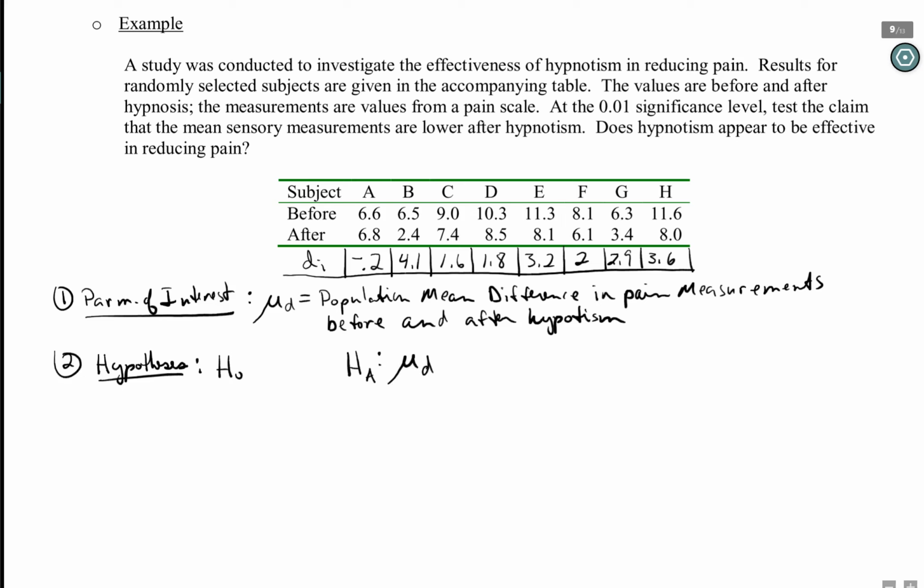So is the mean difference, I'm sorry, that's not right. Is the mean difference positive? That would correspond to the before being greater than the after on the average. Okay, is there a reduction in the pain? Okay, so the null hypothesis then would be that mu d is less than or equal to 0.